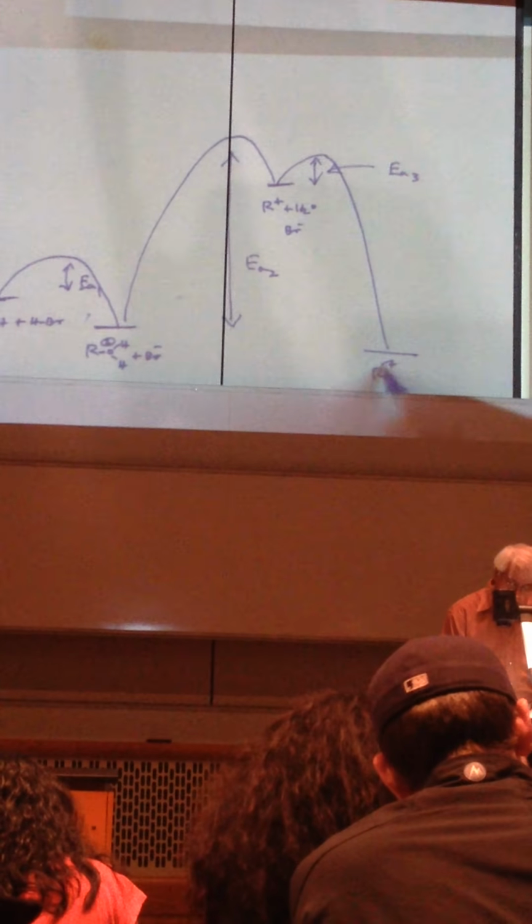Gets to the intermediate where you have an R plus H2O plus Br minus. And then the Br attacks, this is a relatively rapid step, goes to the product, where this is EA2 and this is EA3. EA3 and EA1 are relatively small energy demands. This is the one that determines the rate.